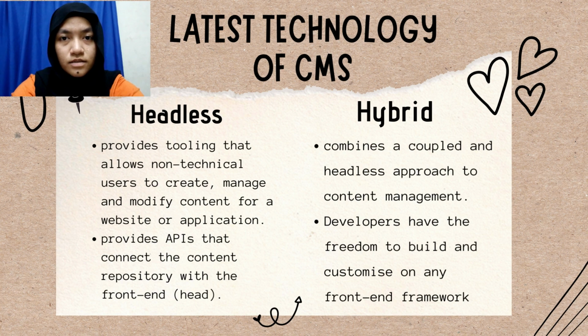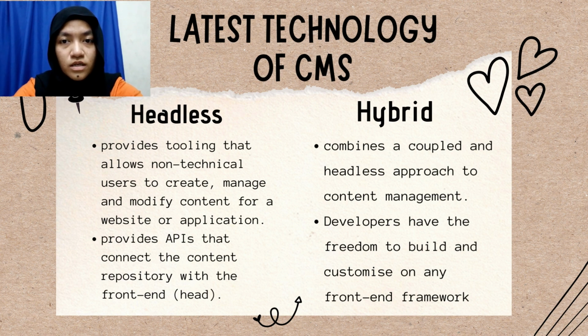Next, for the latest technology of CMS, firstly we have headless and secondly we have hybrid. Headless provides a way that allows non-technical users to create, manage, and modify content for a website or application. It also provides APIs that connect the content repository with the front end, which is the head.